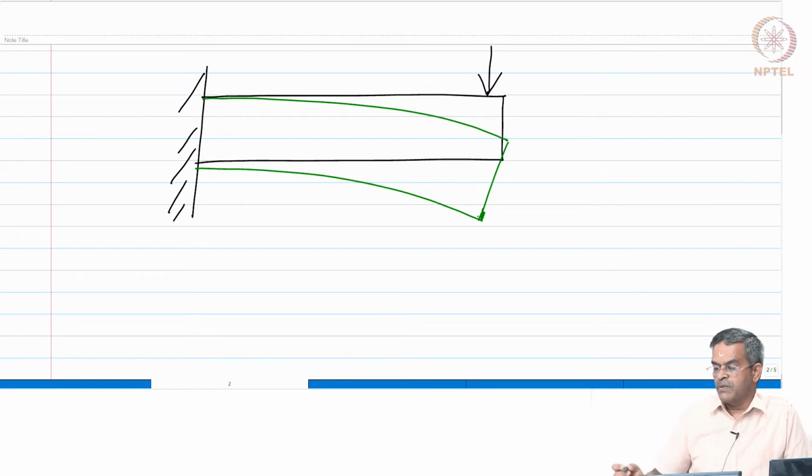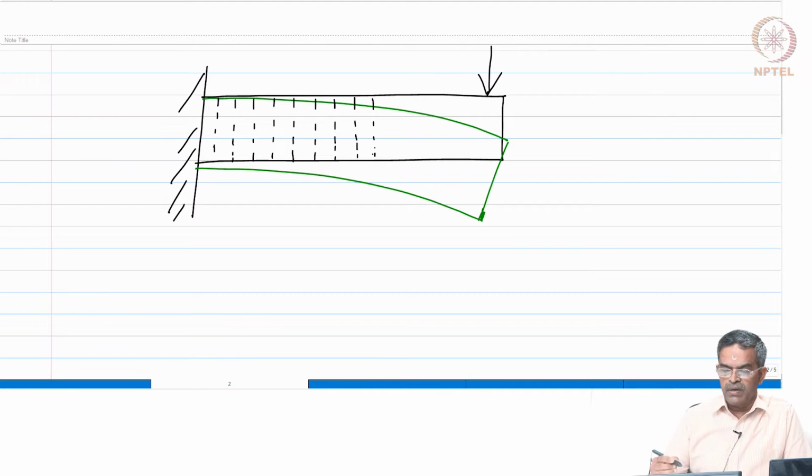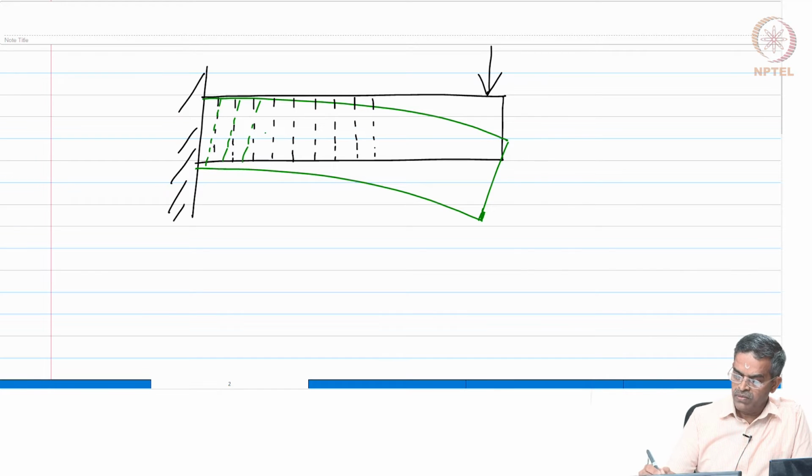Let us say this is a deflected position of the beam. So, let us say the beam initially had different segments equally cut along its length. Now, each segment will also get transformed in the new position, am I right?